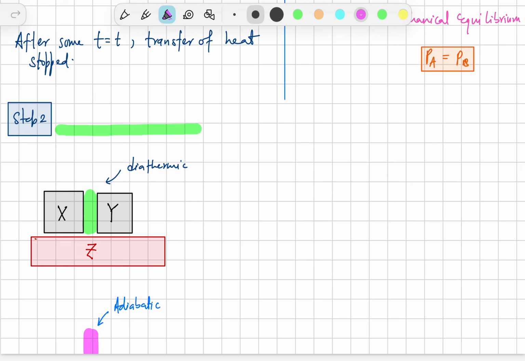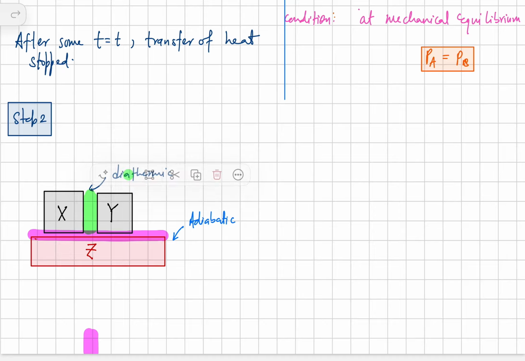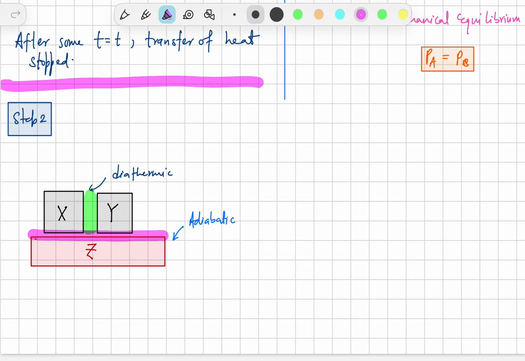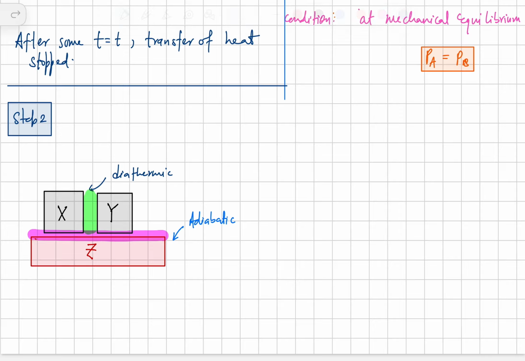This one is diathermic, and this one was adiabatic. Fine. So we just swap the two walls. So what is the possibility?